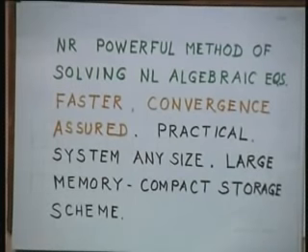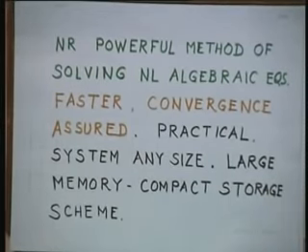Now, NR, as it is briefly called or abbreviated, is a very powerful method of solving nonlinear algebraic equations. It is very fast, convergence is very fast, and not only that, convergence is assured, it is guaranteed.